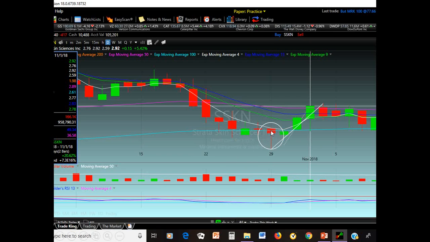Then you get this hammer. This says that the price opened up here, sold all the way down to this level, but the market said that this stock, Strata Skin Sciences Incorporated, SSKN, was too cheap at whatever this level is. That level doesn't matter. The candle is just telling you there's a trend reversal.